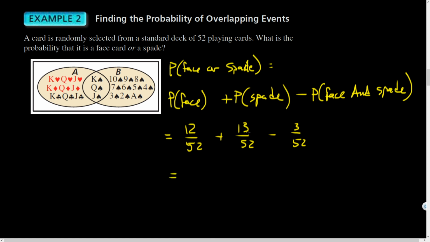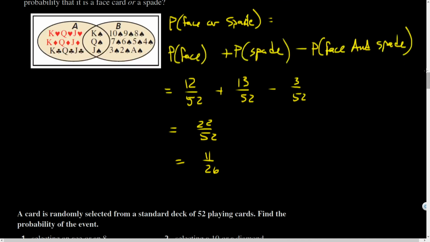And so 12 plus 13. Fortunately, these all have a common denominator. 25 minus 3, 22/52, which is 11/26, which is going to be about 42.3%.